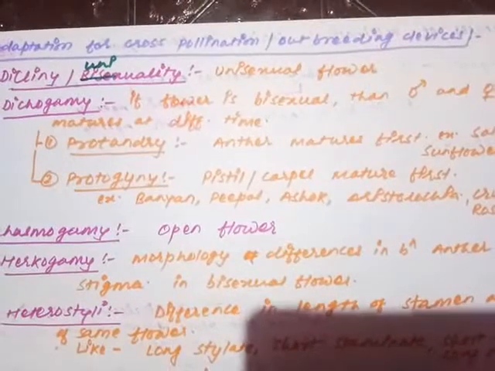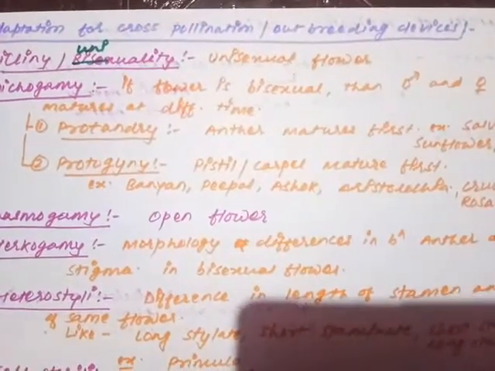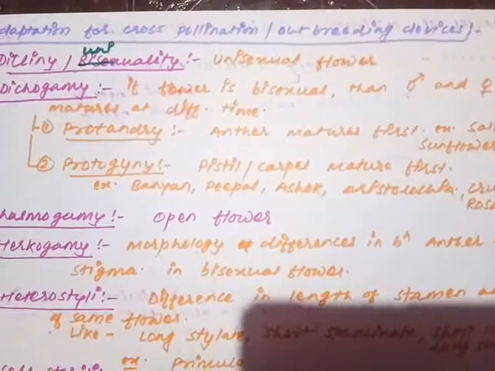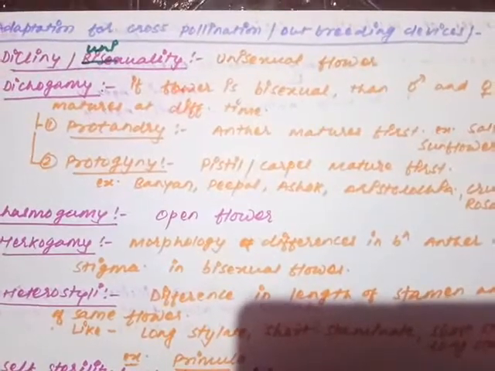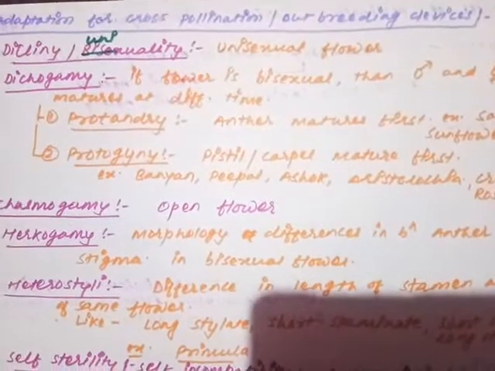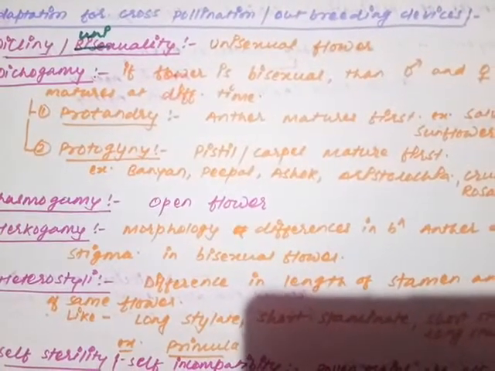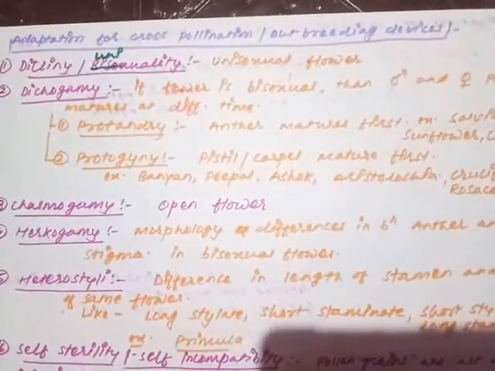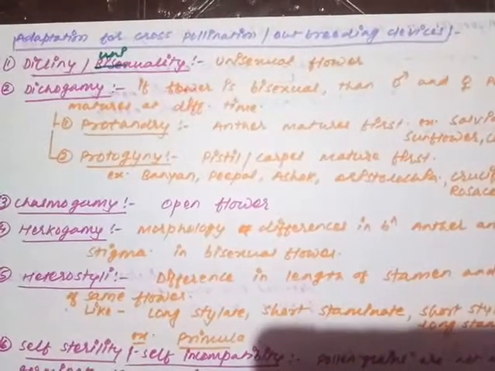Unisexuality means a single flower bears a single type of sex organ, whether male or female. So if the flower is a male flower or a female flower, there is no chance of self-pollination there, and definitely they are forced to release their pollen grains into the atmosphere.